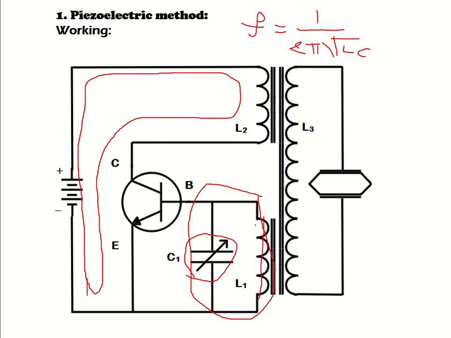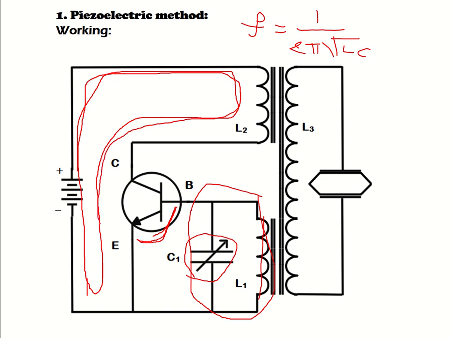Now whatever signal is generated through this tank circuit will be fed to the base emitter junction of the NPN transistor amplifier. Using the current which is passing through the collector emitter junction, this signal will get amplified and travel through this particular loop.